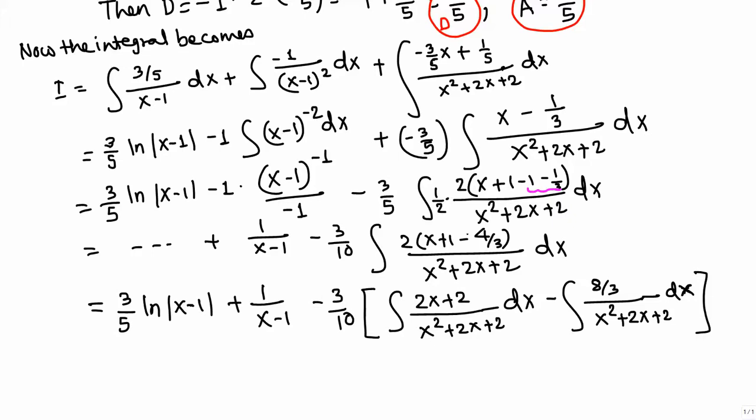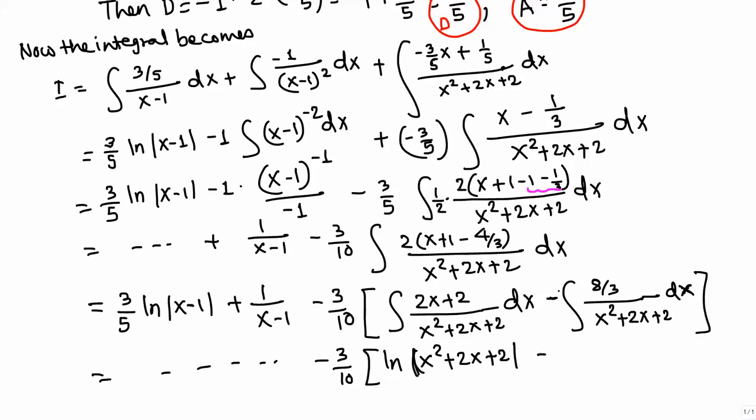So 2x plus 2 minus 2 times 4/3, that's 8/3 over this into second fraction. 2 times negative 4/3 is negative 8/3 over this dx. And this part is done because the top is derivative of bottom. So this will be same thing, minus 3/10. This is natural log of bottom, x squared plus 2x plus 2. Maybe we want absolute value here.